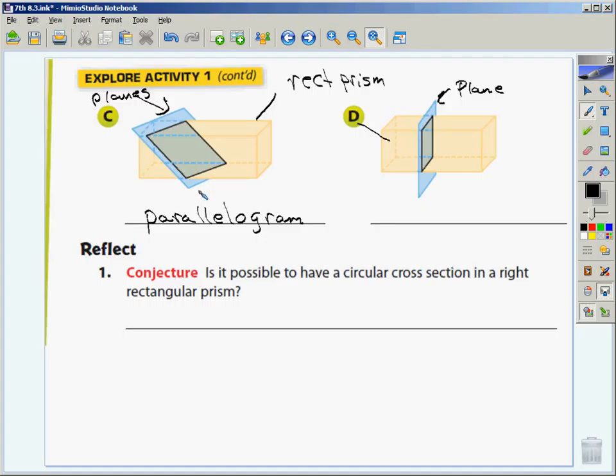It kind of looks like a rhombus, but to be a rhombus, all four sides would have to be equal. They don't look equal, do they? No. But they are parallel. These two sides are parallel, and these two sides are also what? Parallel. Now, assuming that this was a square on this end, then what is this? This is a square.